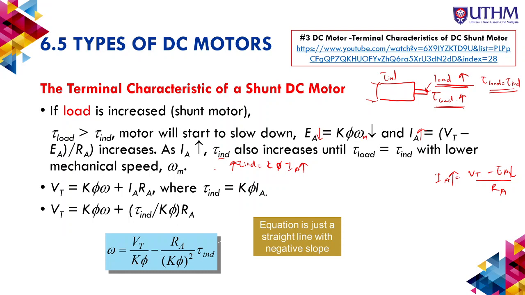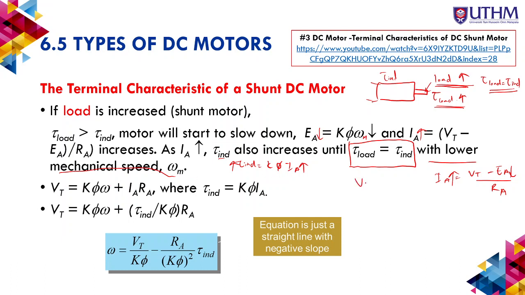They will keep increasing until they reach the steady state condition, now with a lower mechanical speed compared to before you put some load. So from here we can try to replace.